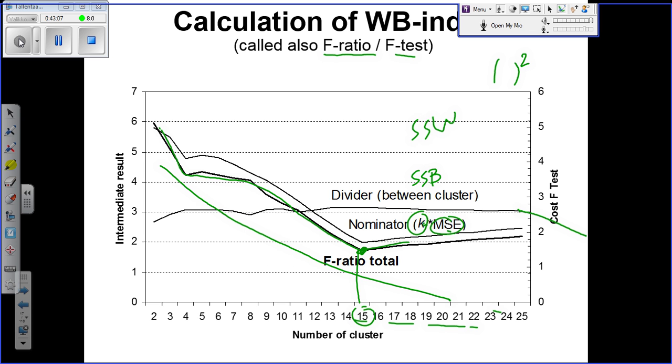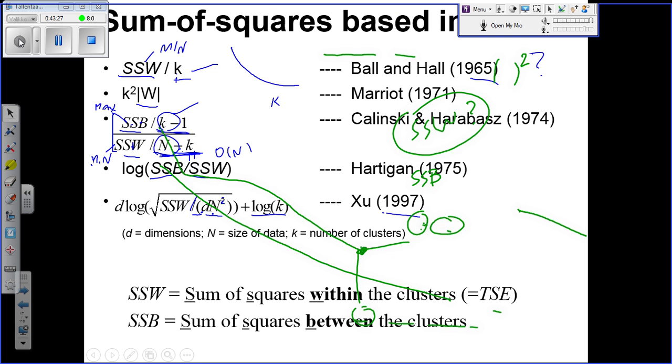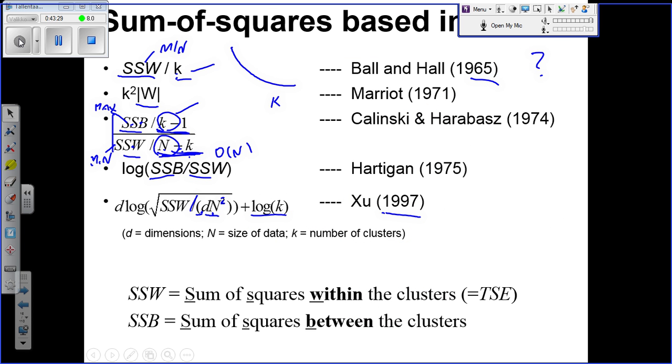So this really indicates that this SSB isn't really needed in this equation. So SSB and just the k by themselves, but then it's very heuristic. They are not on the same scale, and we are multiplying and then minimizing that. With this kind of data set, it actually finds the minimum at the correct place, but where do we need the SSB, and how can we benefit from that one?